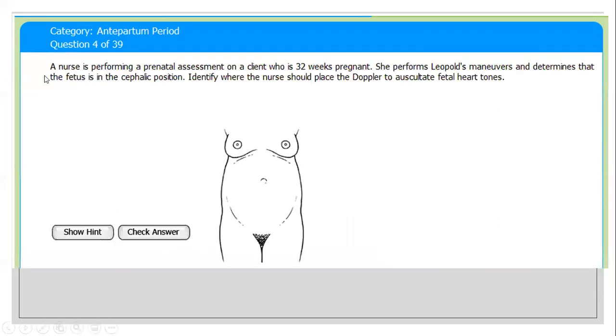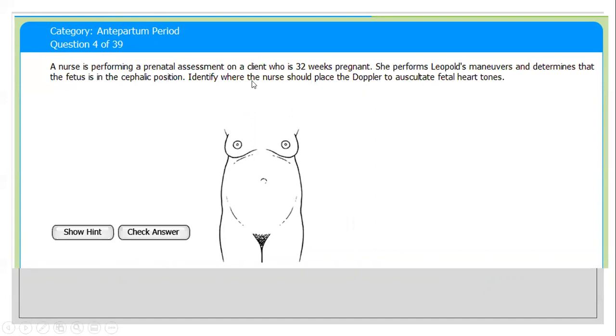Next question. A nurse is performing a prenatal assessment on a client who is 32 weeks pregnant. She performed Leopold maneuvers and determined that the fetus is in the cephalic position.